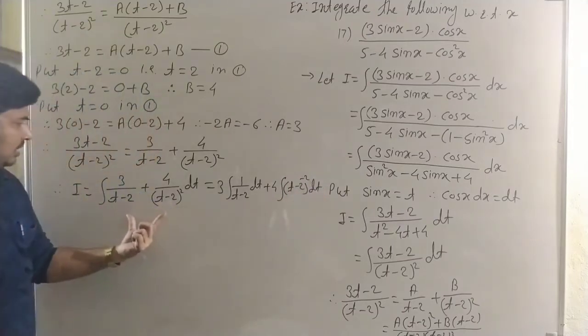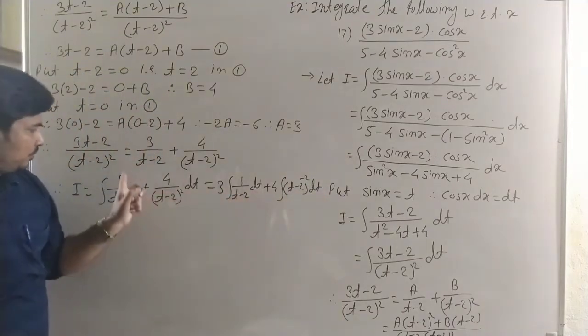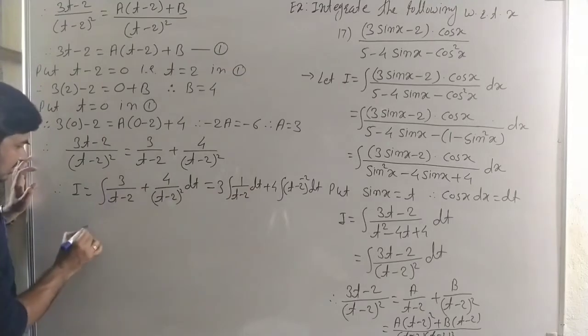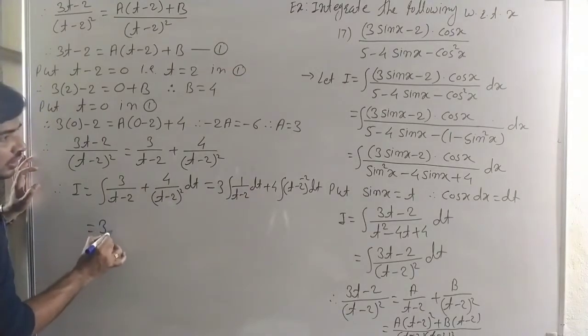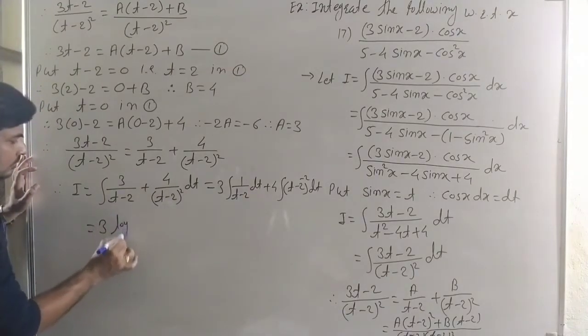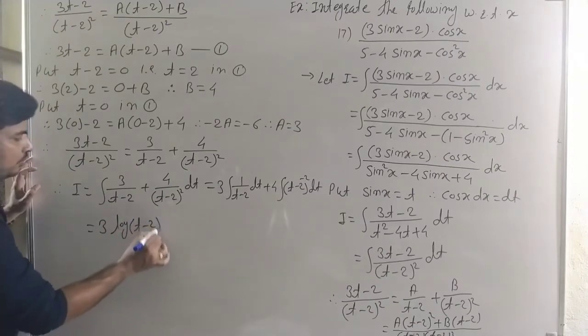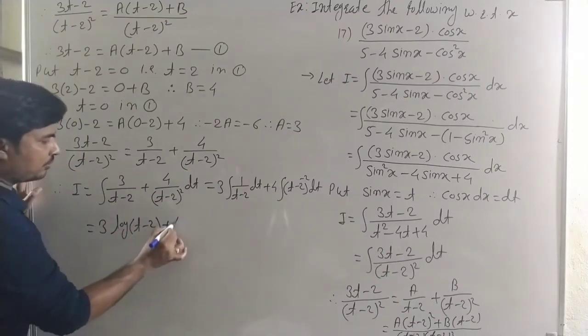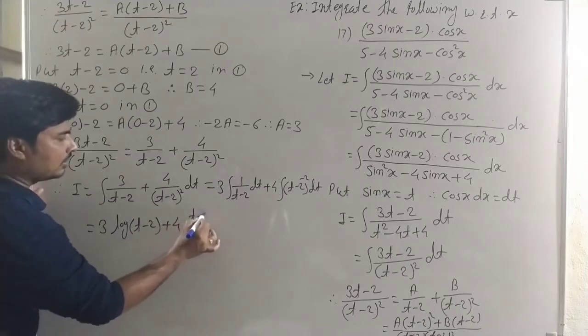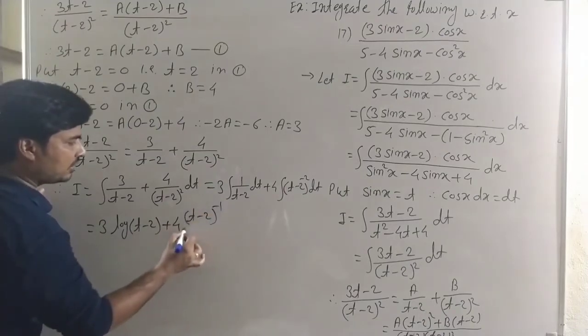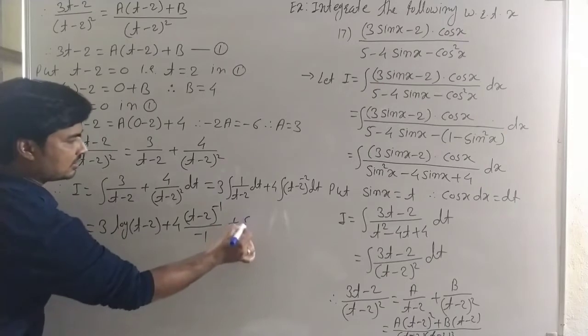Now the integral is 3 into log of t minus 2 plus 4 into (t minus 2) to the power minus 1 upon minus 1, plus c.